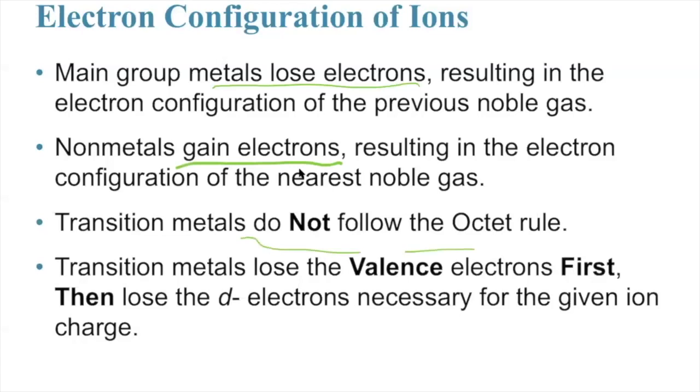Transition metals do not follow these rules. Transition metals lose the valence electrons first, then lose the d orbital electrons for a given ion. So the big picture is that transition metals have their own rules.